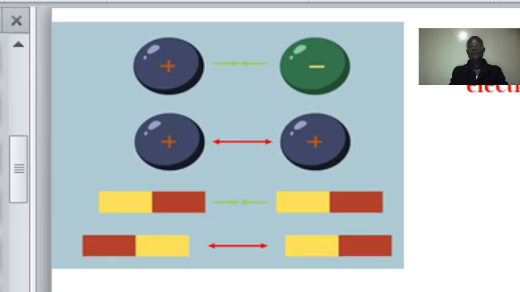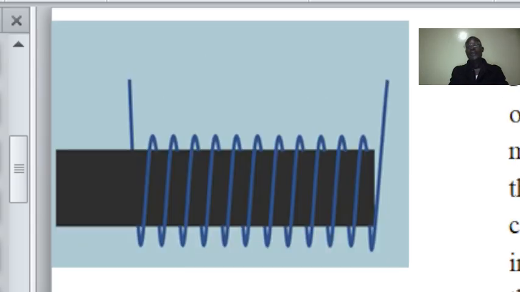Now, electromagnetic force can always be used to our advantage. Actually, electromagnetic force forms a fundamental core of human life, because through it we are able to induce a current through a coil.